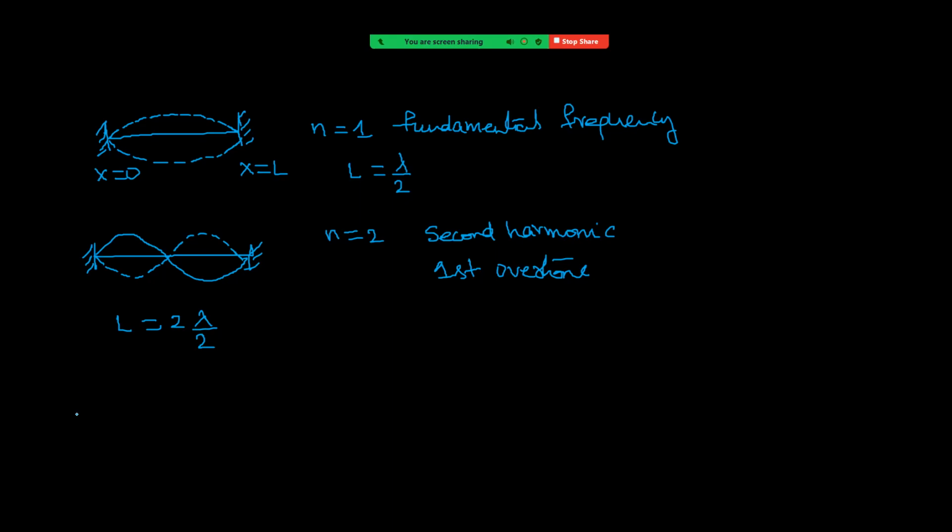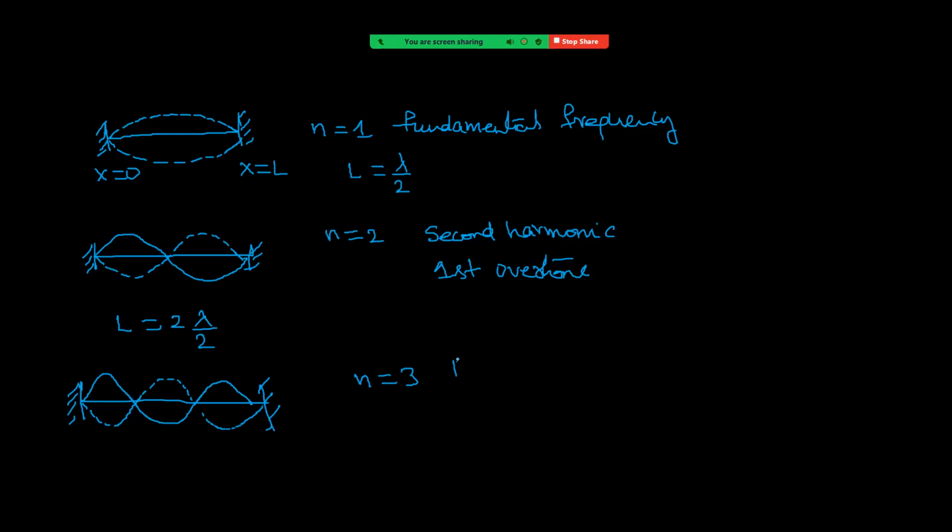Right. Suppose you take three loops. One, two, three. Next one I'm showing dotted. So initially a straight line, next solid line, next becomes a straight line, and once again it becomes the dotted line, and finally a straight line. Now this will repeat. So here the number of loops is 3, n equal to 3.